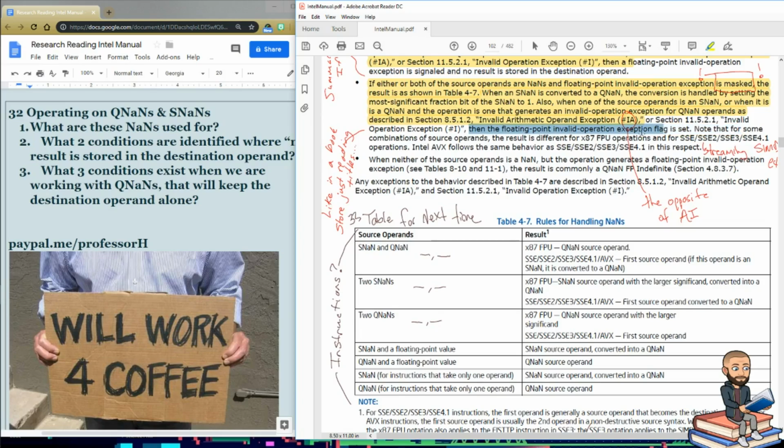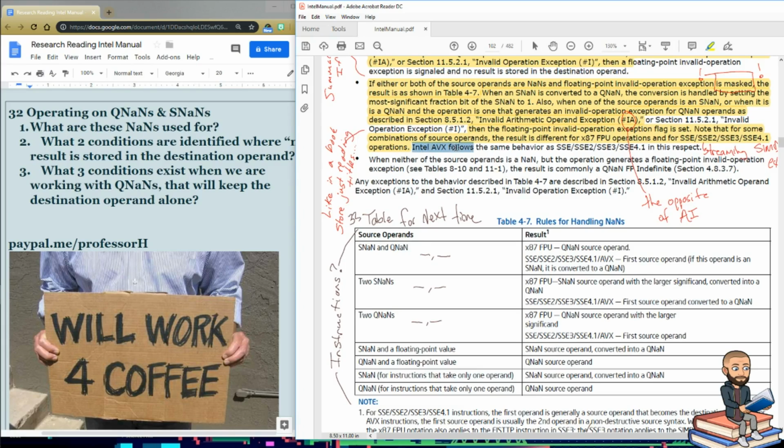You should note that for some combinations of source operands, the result is different for x87 FPU operations and for those streaming SIMD extension instructions we talked about before. So we're going to get different results if we're messing around with those streaming SIMD extension operations.